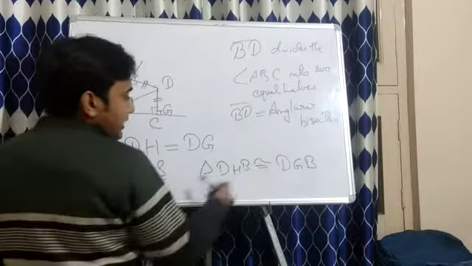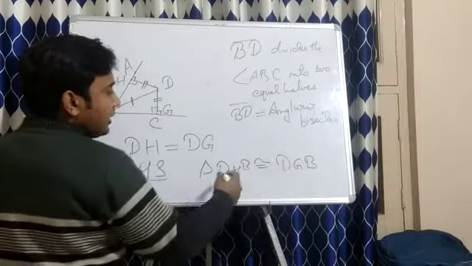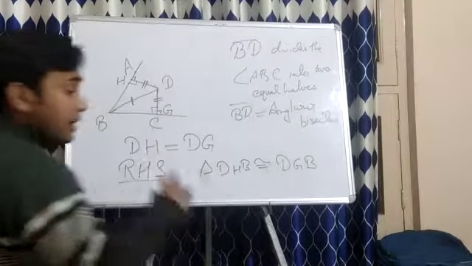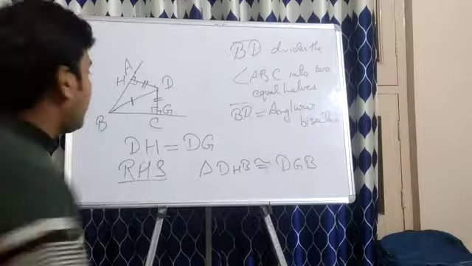So from here we can safely say that these two triangles are congruent. If these two triangles are congruent, then their corresponding angles will also be congruent.